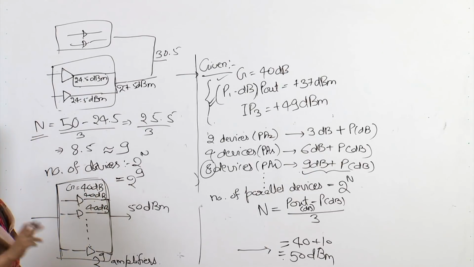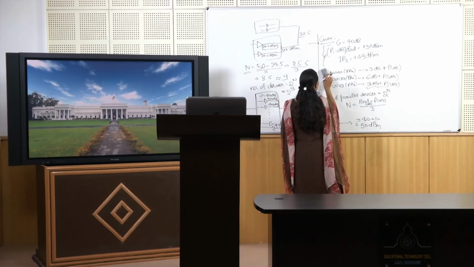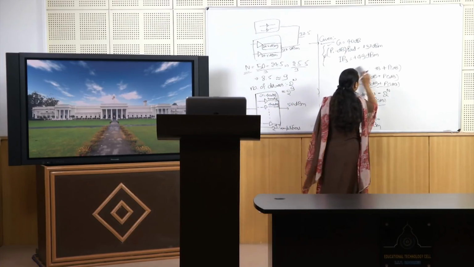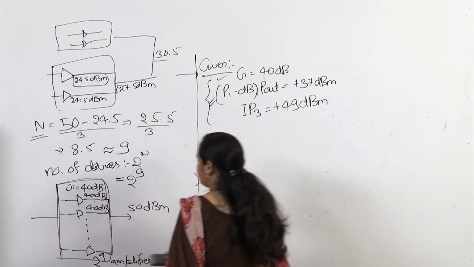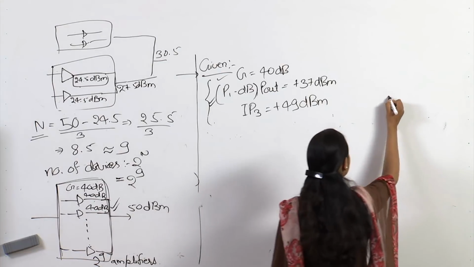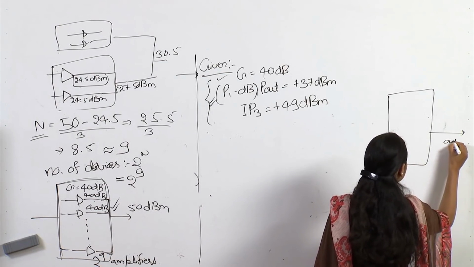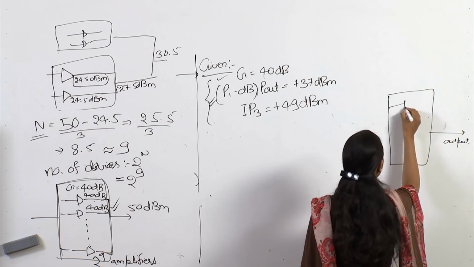So we are not getting our 80 dB gain requirement, which is a must for this design. So now what we can do? We have designed our final stage, which is this stage. Now we have to have one stage before this. So output, and we have chosen our devices here.